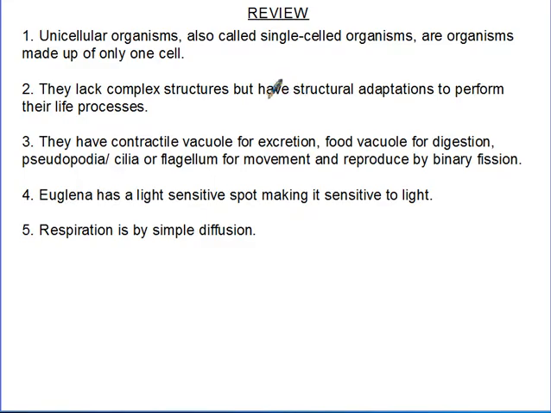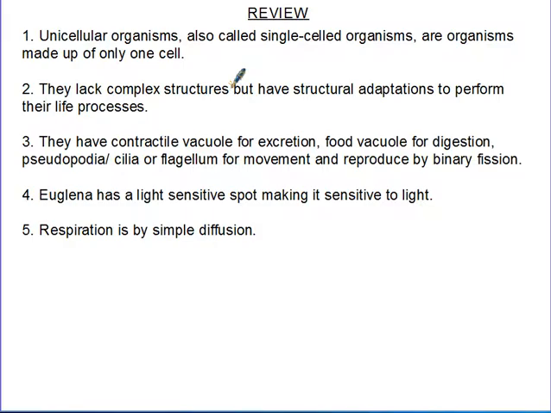Now, last time we learned that unicellular organisms are also called single-celled organisms. These are organisms whose bodies are made up of only one cell. They lack complex structures but have structural adaptations to perform their life processes.